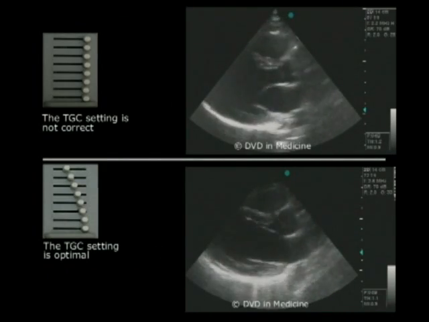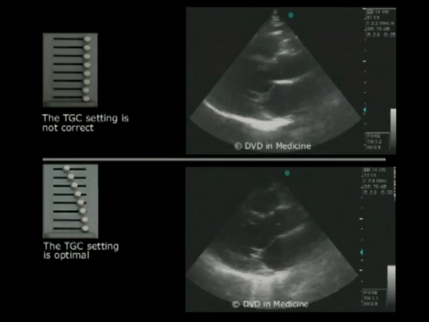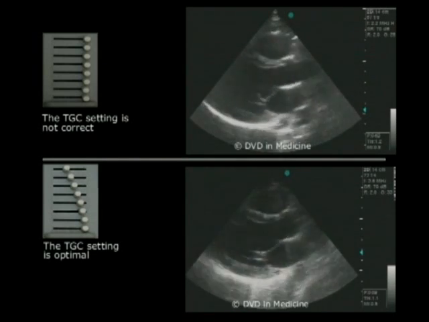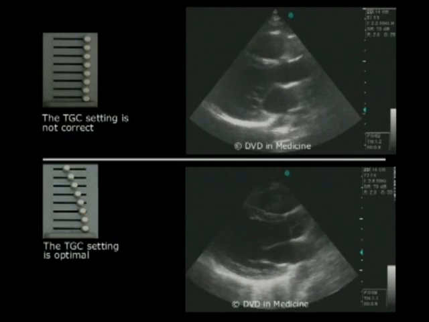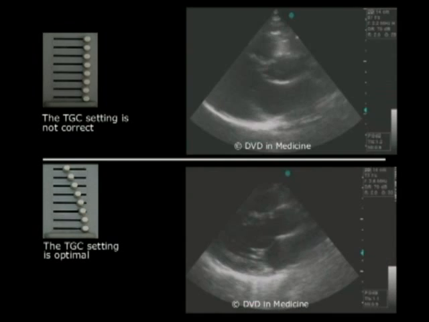Now, on the divided screen, you can see the direct comparison of two real-time images taken from the same patient. Note that the superficial heart structures on the upper image are too bright, but on the lower image, the in-depth enhancement of all heart structures is balanced.